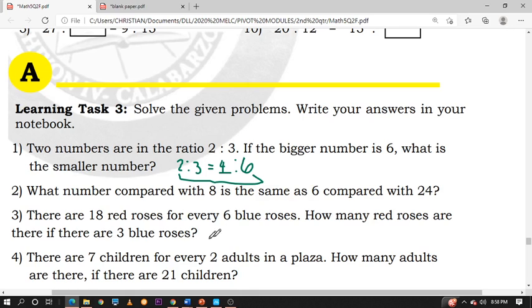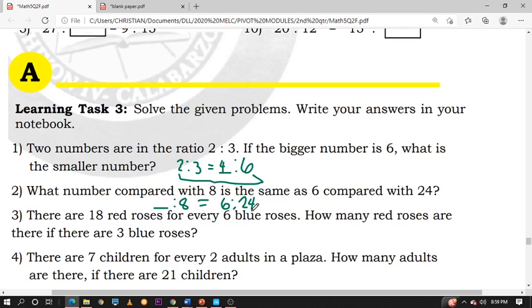Okay, so try natin number 2. What number compared with 8 is the same as 6 compared with 24? So, number ang nawawala compared with 8 is the same as 6 compared with 24.